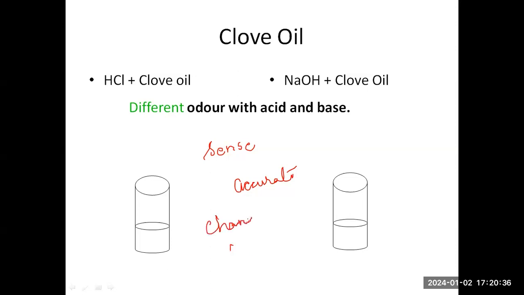The indicators which change the color are preferred over olfactory indicators, right? So here you can have a question like, which one is preferable: olfactory indicators or the indicators which are based on the change in color?